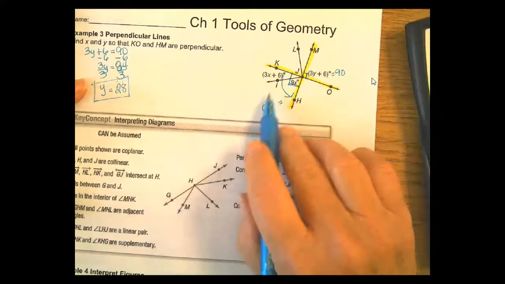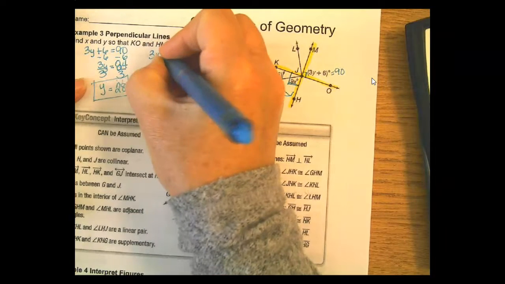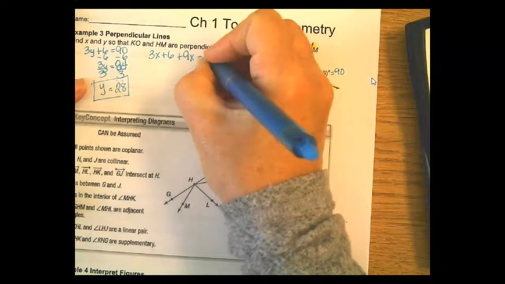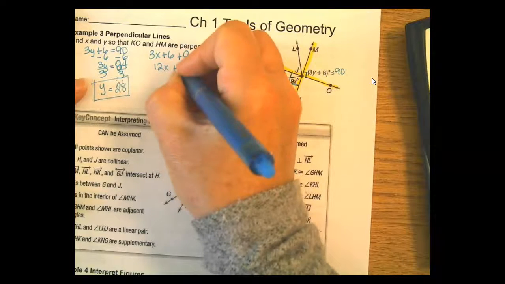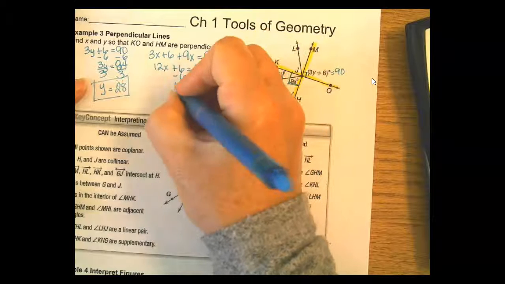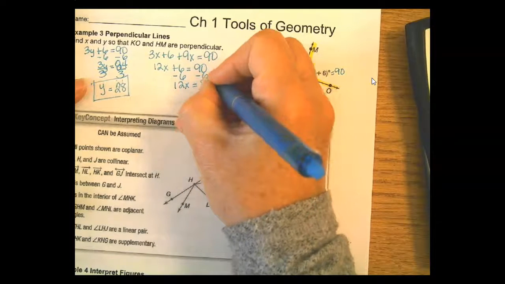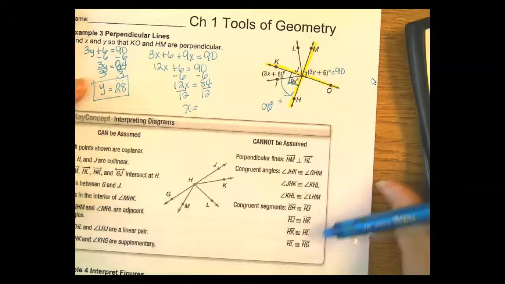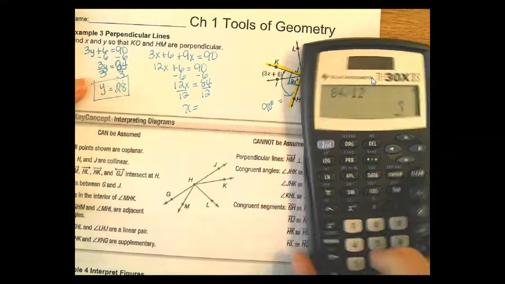Over here, we have 3x plus 6 plus 9x equals 90. So that's 12x plus 6 equals 90. Minus 6, minus 6. 12x equals 84. Divide by 12, divide by 12. x equals 84 divided by 12, which is 7.